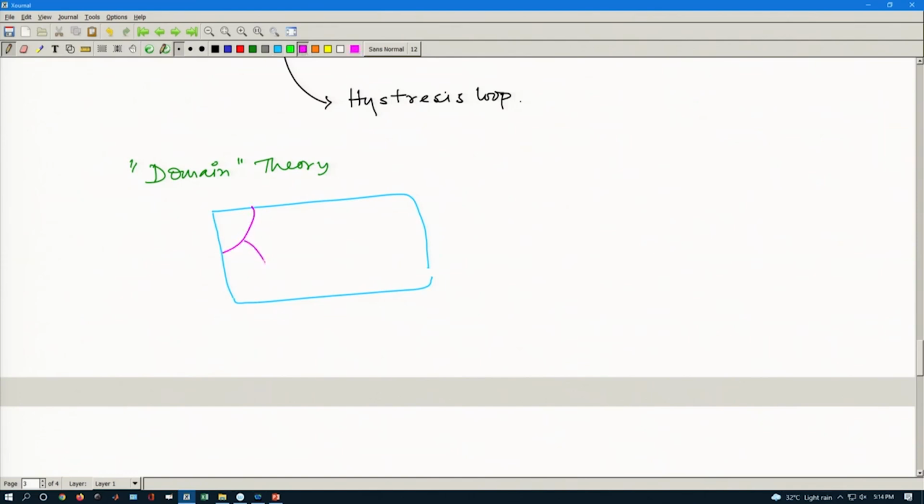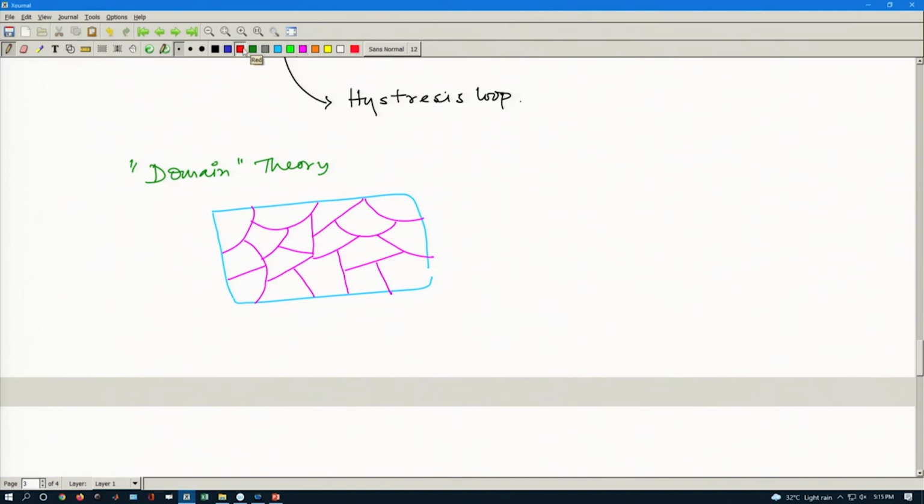These are the domains one can expect. Like this.